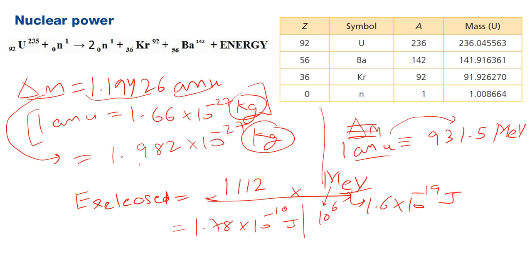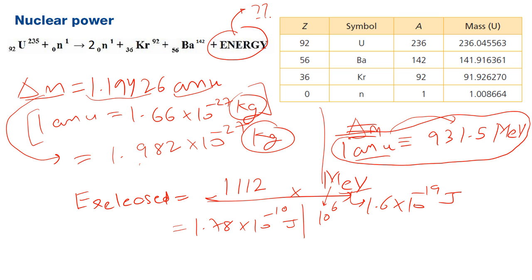The concept is you have to find the mass on the left hand side and the mass on the right hand side. For a fission reaction, the mass on the left hand side is greater than the mass on the right hand side, and the difference of the mass gets converted into energy, and the conversion factor is this. 1 AMU is able to generate 931.5 mega electron volts of energy, right? So this is the energy which we were supposed to find.